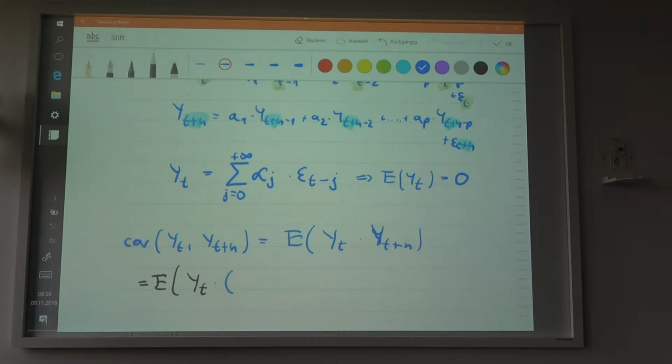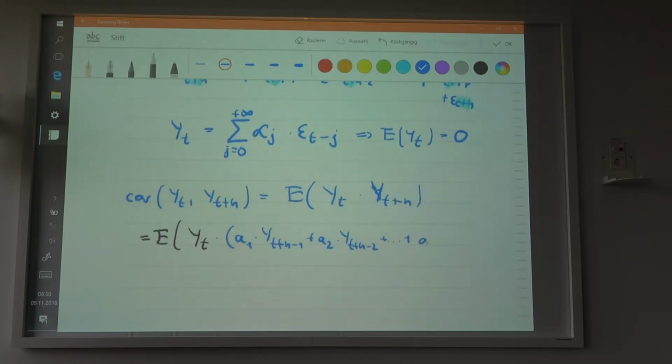I replace that with a1 times yt plus h minus 1, plus a2 times yt plus h minus 2, and so forth, and then the last one, ap times yt plus h minus p, and then you have the noise too, epsilon t plus h, and close the parentheses.